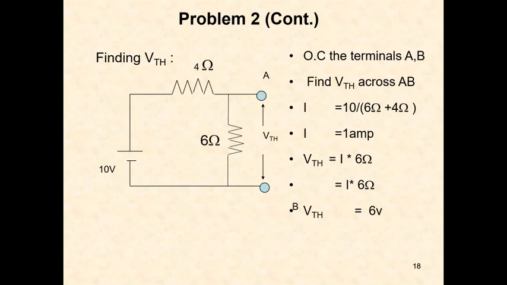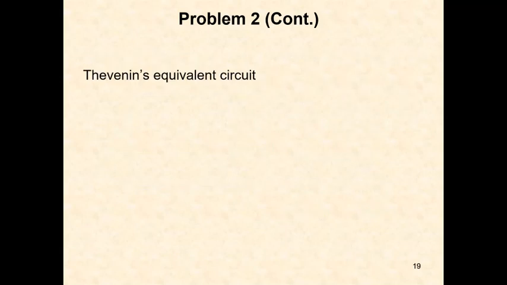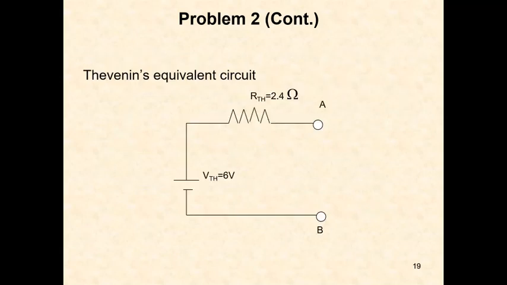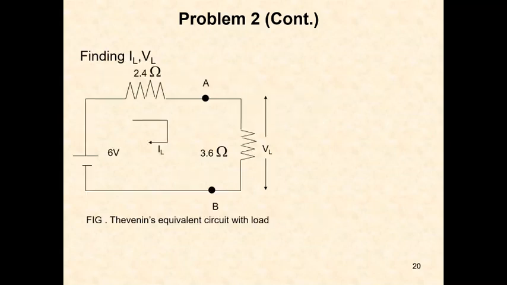So VTH is 6 volts, and the Thevenin's equivalent circuit is a 6 volt source in series with 2.4 ohms. Now the 3.6 ohms is connected across the Thevenin's equivalent circuit, and the current flowing through the load resistor is IL equals VTH by RTH plus RL.